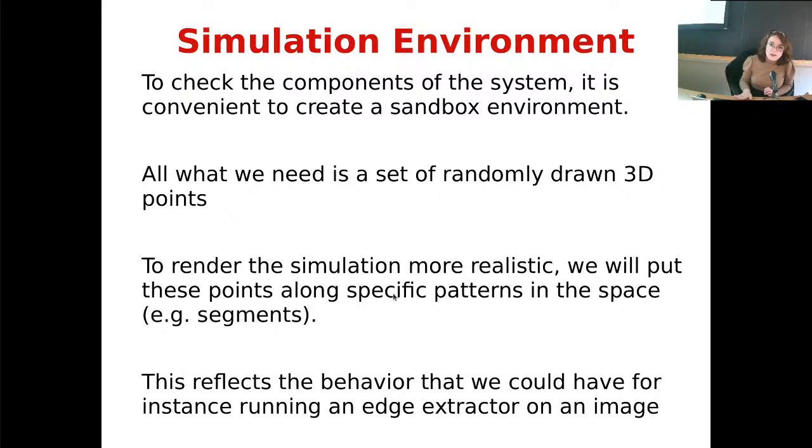And the idea is that when you implement something, you should visualize as much as possible, ideally everything. So if you choose to use random 3D points, then checking that the sensor model is correct is more difficult than if you choose points arranged in specific patterns.